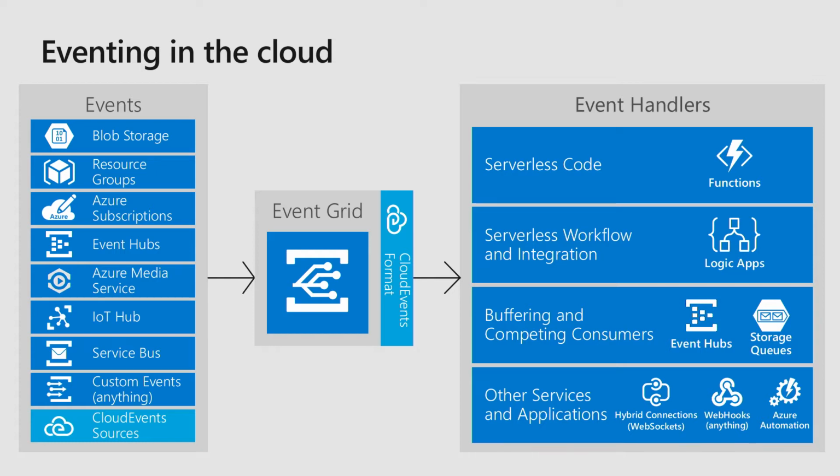This includes if you are behind a firewall and you don't want to punch a hole in it: you can use hybrid connections to create an outbound connection and then relay those events into your system. There's a lot of cool things here that allow you to really quickly build platform native reactive programs.